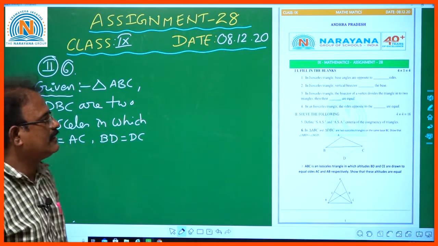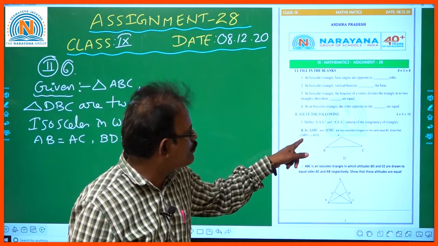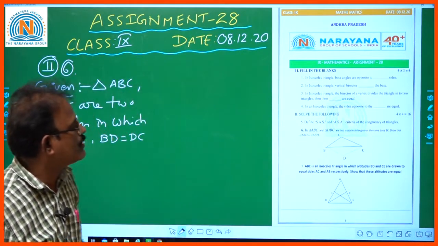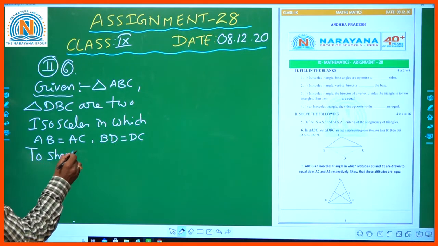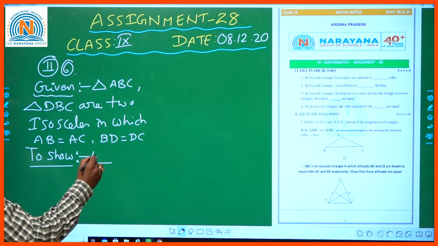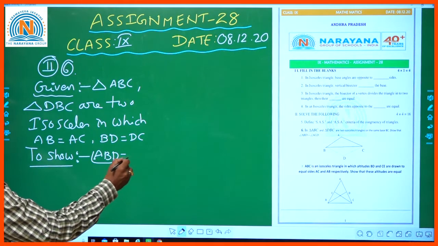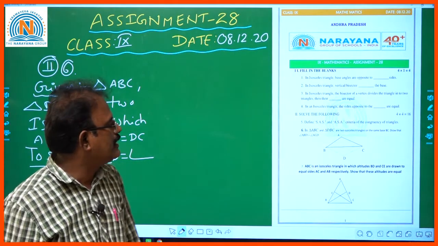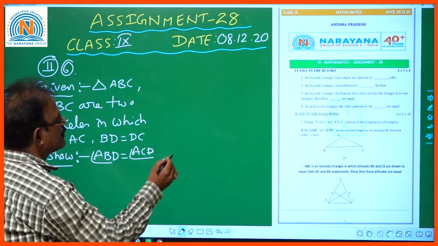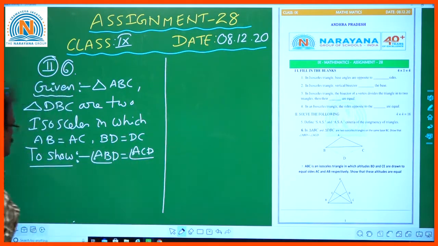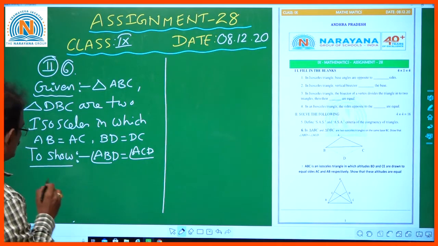Okay, then they are asking us to prove angle ABD is equal to angle ACD. To show angle ABD is equal to angle ACD. Okay children, now you see the diagram.